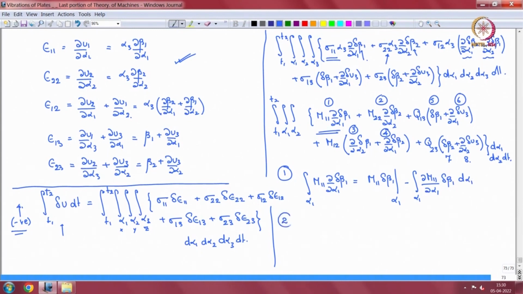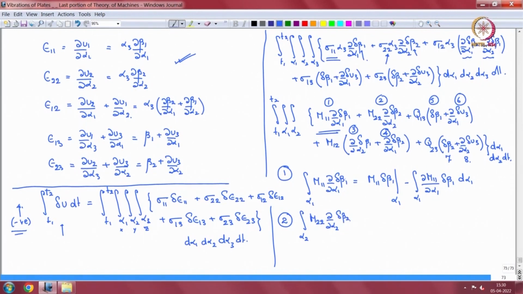Then we have 2, which gives me the integral of alpha 2 M22 del alpha 2 delta beta 2.